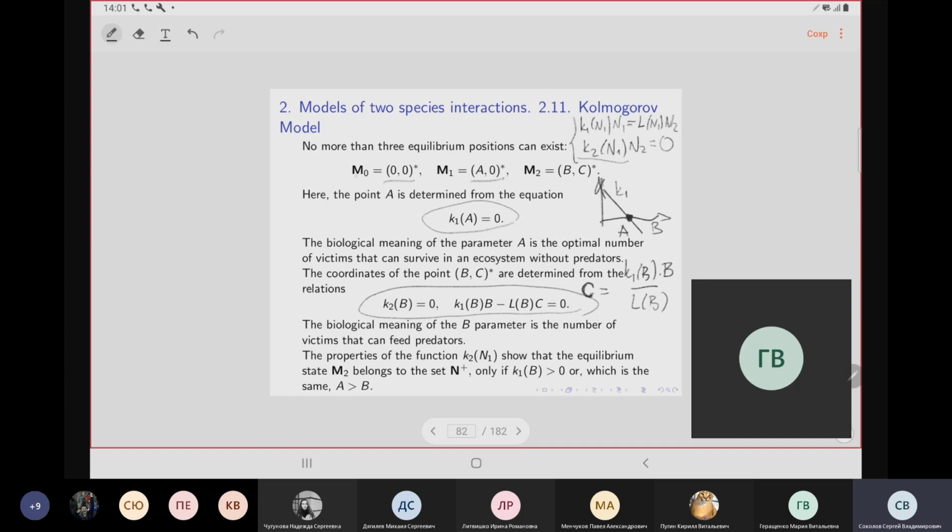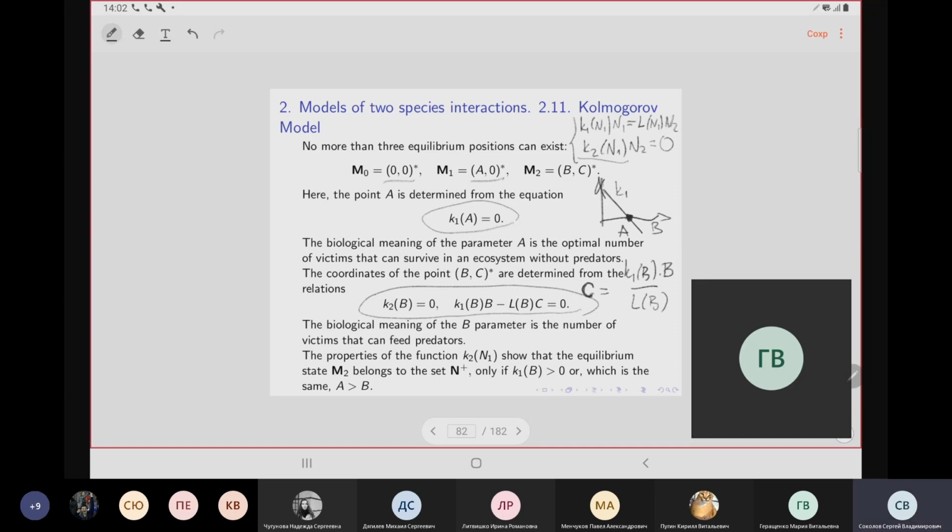What is the biological meaning of B? The biological meaning of A is the capacity of the environment for our victims. And what is the meaning of the point B? It is the number of victims that can feed predators.